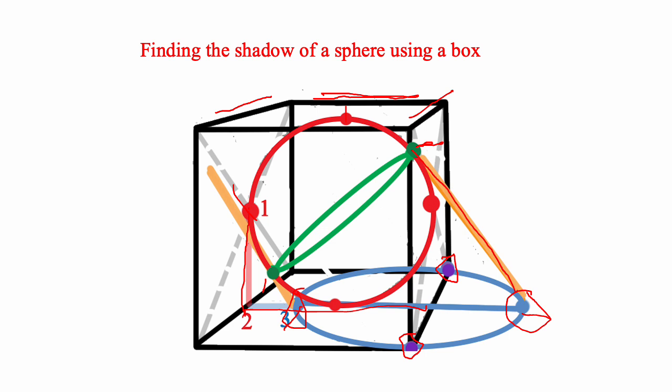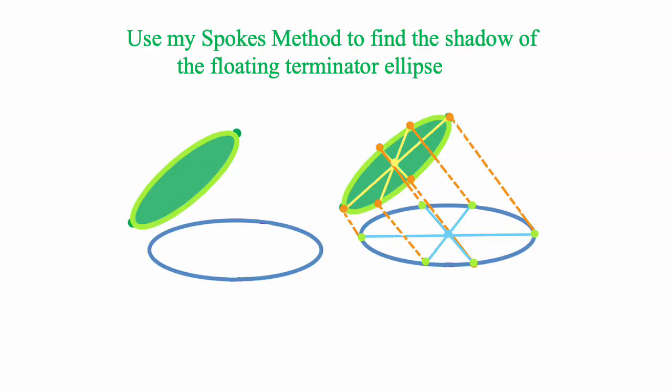But most of all, it doesn't matter how wide this terminator is, you get the same shadow. And that's wrong, because the terminator is the only thing that defines the shadow. But we can boil this all down to the terminator and the shadow, because the terminator completely defines the shadow.